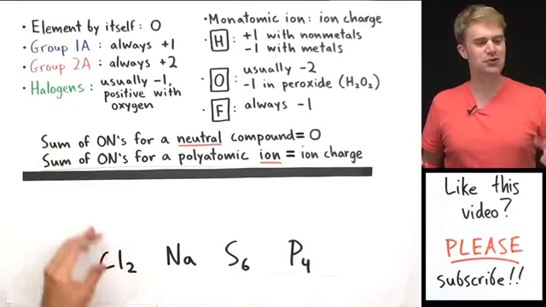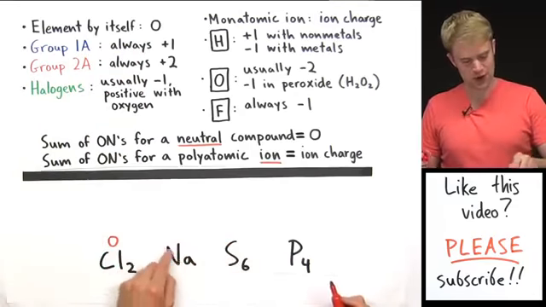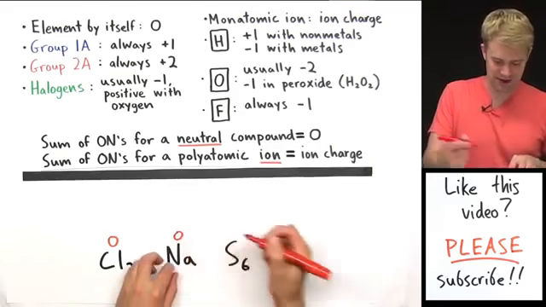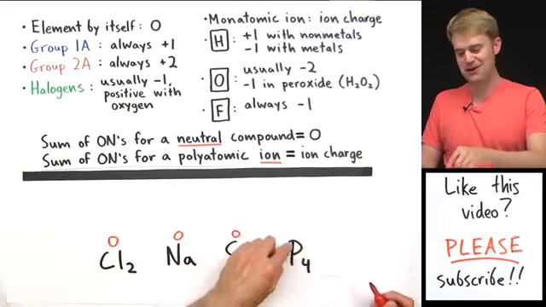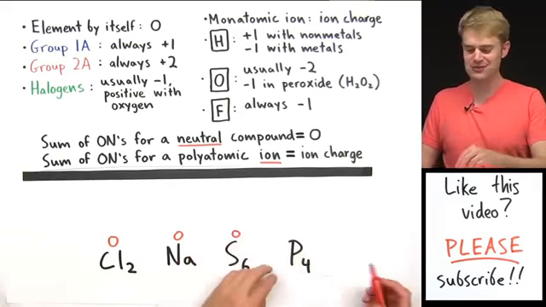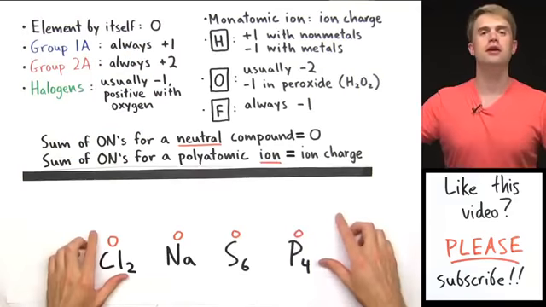So Cl2, an element by itself, oxidation number of 0. Sodium, Na, by itself, 0. S6, just sulfur, nothing else. P4, phosphorus, and nothing else, 0. So that's probably the easiest rule here. It's always 0 for the oxidation state if you have an element by itself with nothing else.